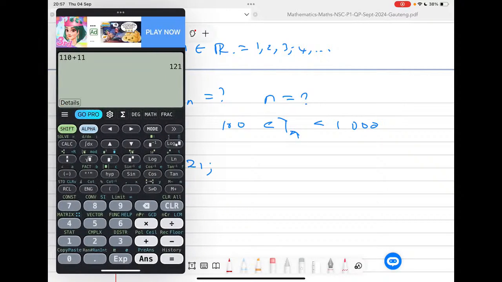The reason is that if you increase them by 11, when you divide them by 11, you will get them to be divisible. So if I say 121 divided by 11, it is divisible. Do you see that it goes exactly 11 times?